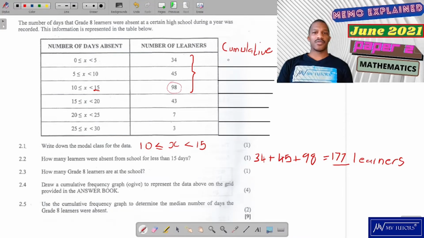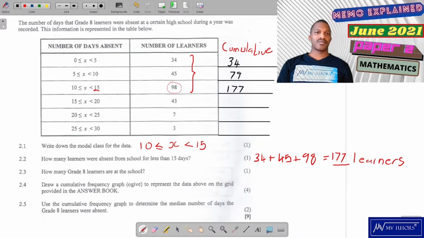So we start off with 34. 34 plus 45, I need a calculator. I'll use the digital one, I think it'll be quicker. 34 plus 45 gives me 79, and then 79 plus 98 gives me 177.